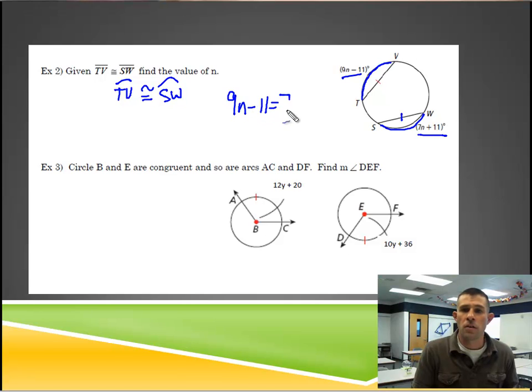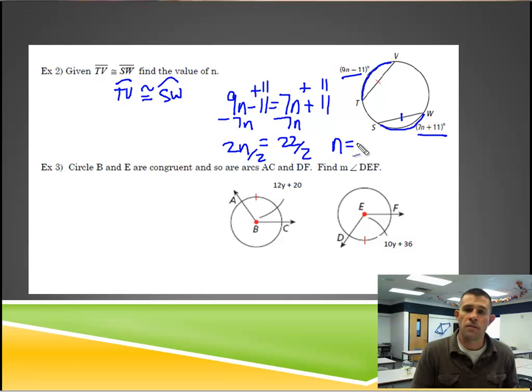So I'm simply going to set their expressions equal to each other, and I'm going to solve for the value of n. So I'm going to combine my like terms, move my 7n over by subtraction. That leaves me with 2n. And now I'm going to add my 11 over here, and that leaves me with 22. Divide 2 off of both sides, and my value of n is 11.